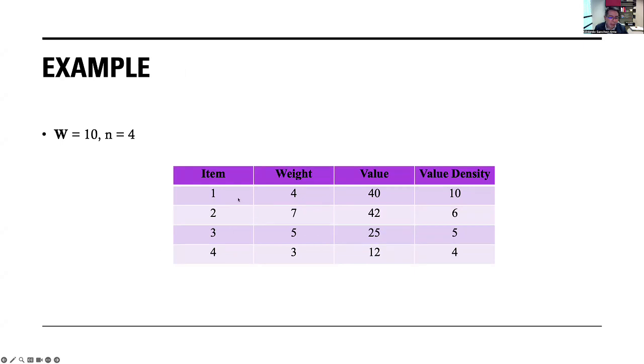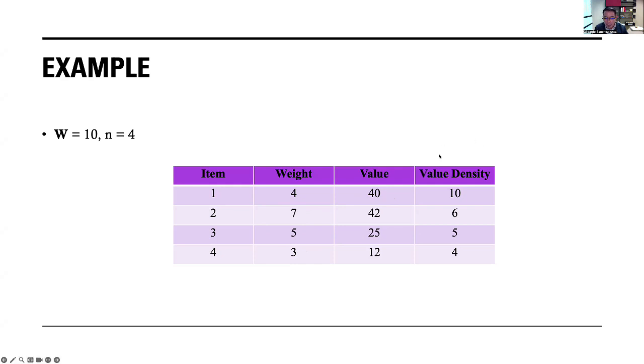So we can see item 1 has 4 kilograms, item 2 has 7 kilograms, and so on. We can know also the value of the item. So this item 1 is worth 40 pesos. The second one is worth 42 pesos, and so on.